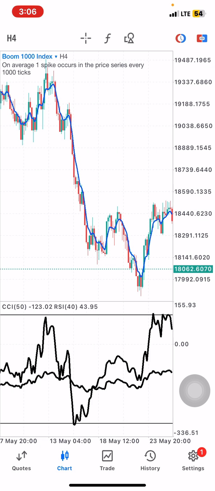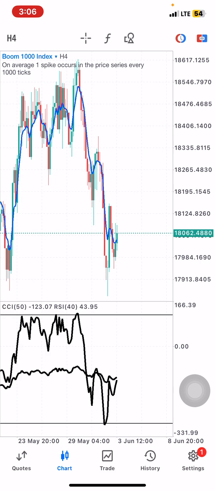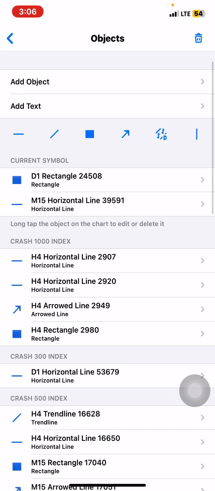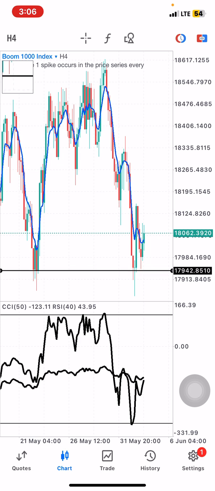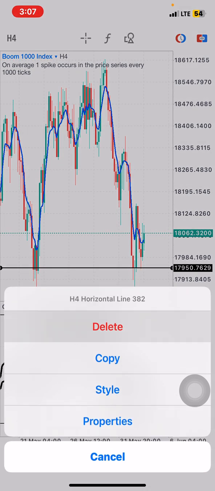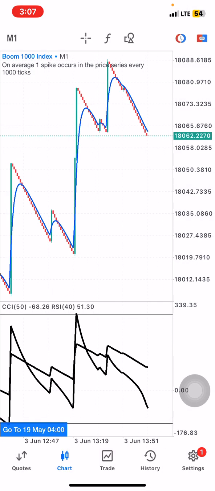If you go to the indicator setup on the 4-hour time frame, you can see what this market is trying to do. But this video is not about that. Let's go to the 1 minute time frame so that I can quickly explain what I want to show you guys and go back to my trade with my people.